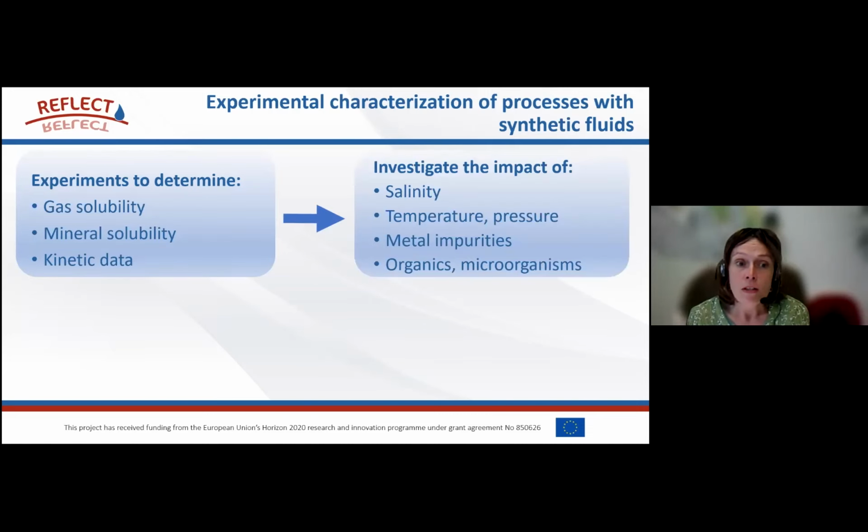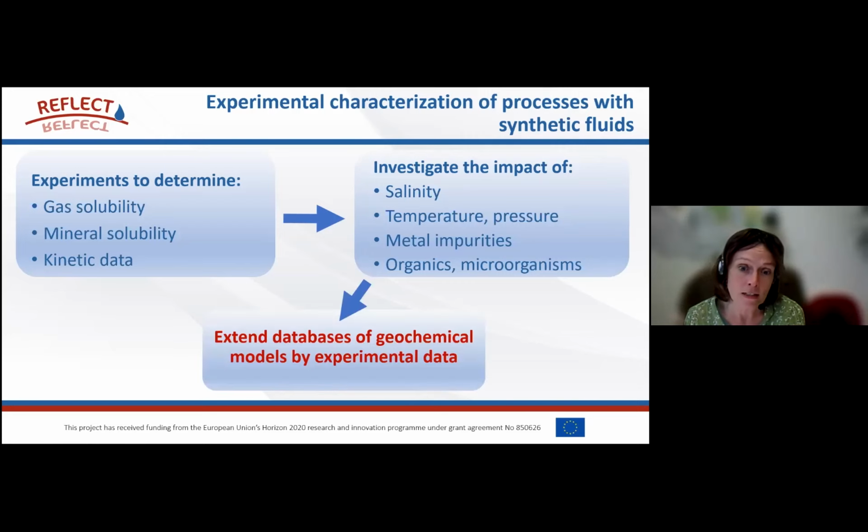For these experiments, we want to investigate the impact of salinity, pressure, temperature, metal impurities, organics, and microorganisms. With that, in the end, we have geochemical data that can extend databases for geochemical models and can be used to predict chemical reactions.